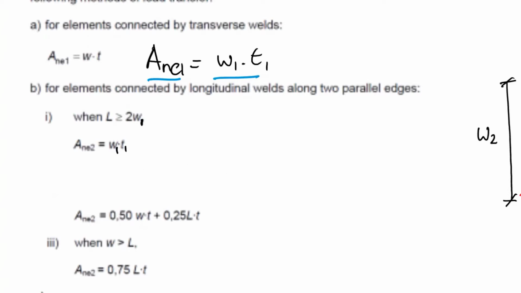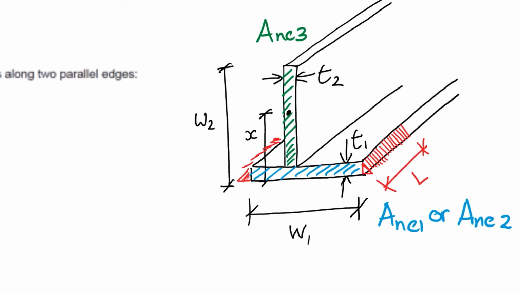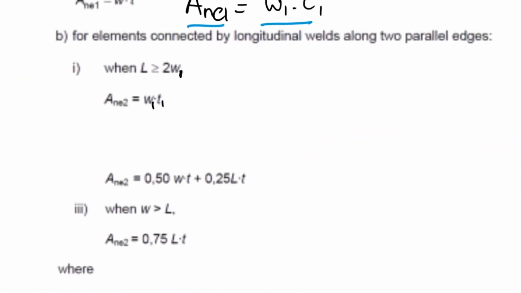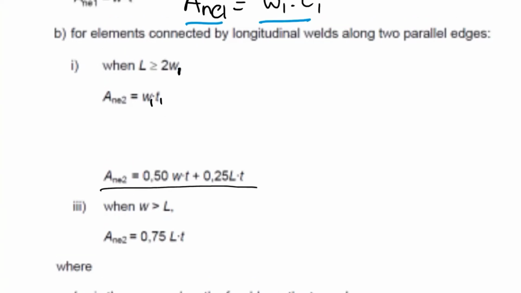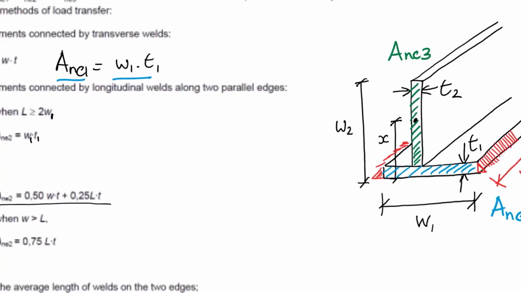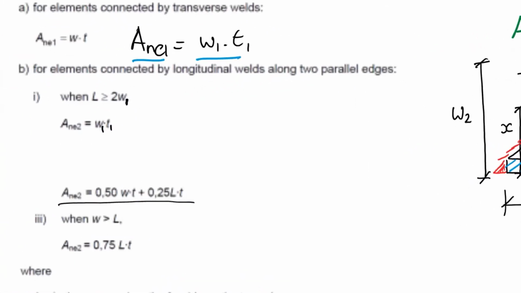And so this is an area where there's a loss of area due to shear lag. The fact that this is short means that the load's not fully distributed along the section, and so we then have an effective net area, ANE2. So ANE1 and ANE2 are the same thing. They're both this blue area, and either it's the total area or it's less than that.